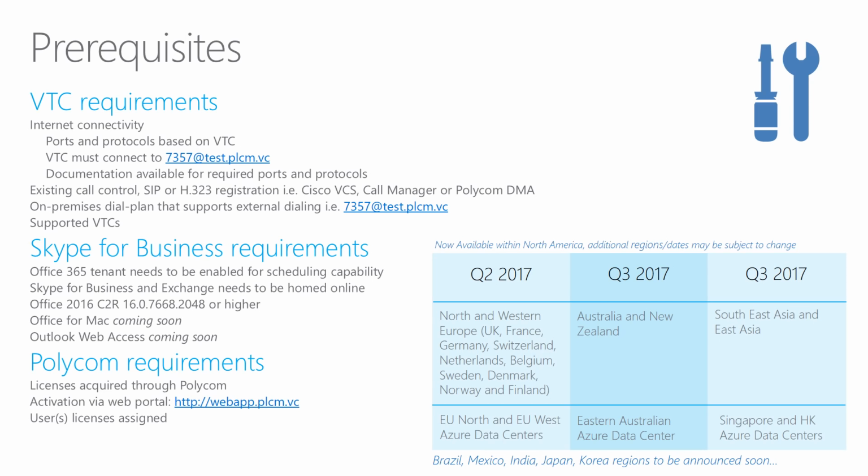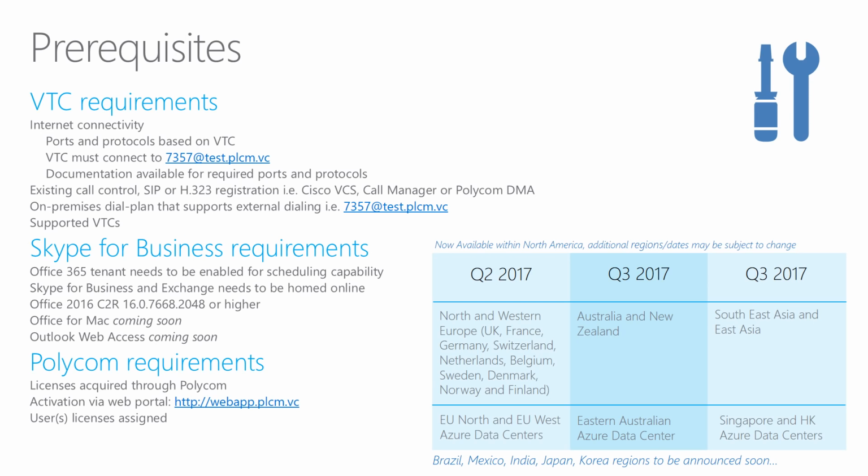We have online documentation available that tells you about the required ports, protocols, and IP addresses that we're using. Of course, those addresses will be updated over time as we roll out more Azure instances in different data centers. As I mentioned earlier, your existing call manager or VCS or DMA will need to be updated to allow outbound dialing.